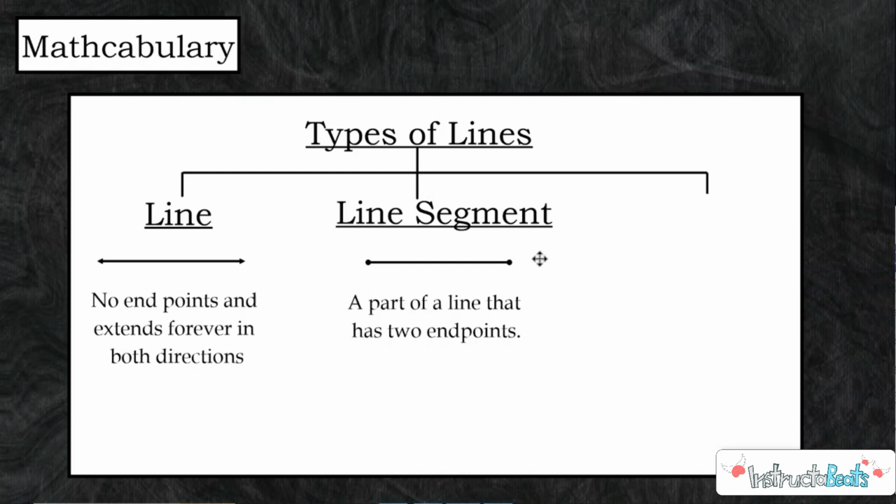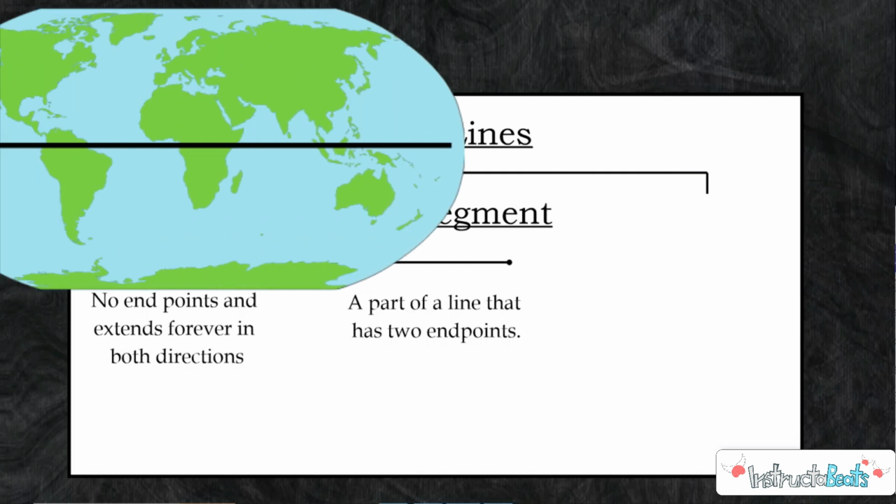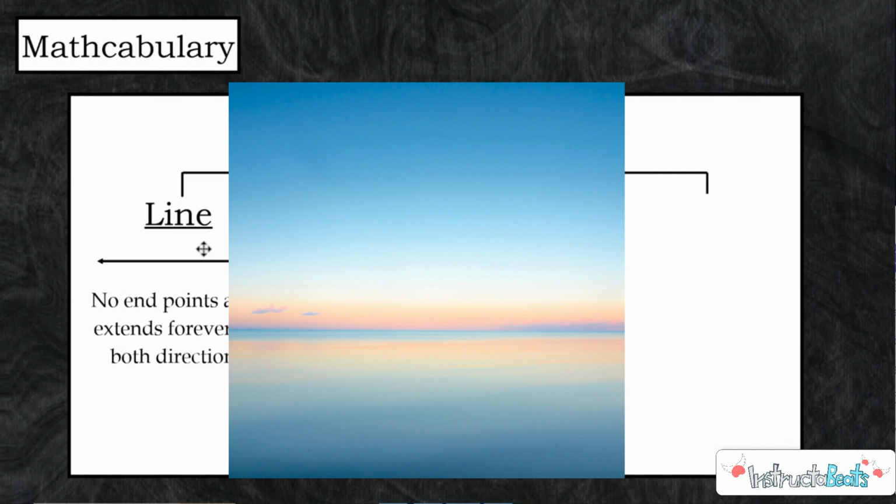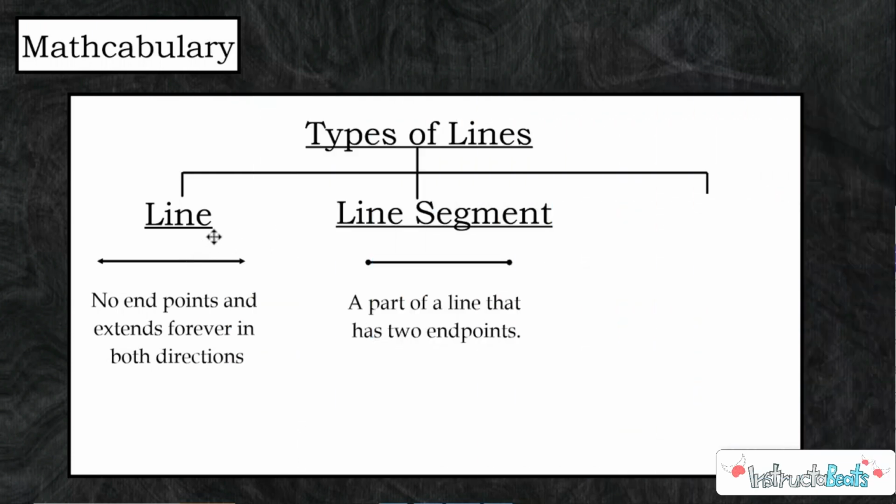We call things lines, but they're really line segments. The only true examples of an actual line that I can think of, and there might be a couple of other ones, are the equator around the Earth and the horizon, if you ever go to the beach and look out there. And that's about it. There are not very many lines that continue forever without stopping. Straight lines, at least. There could be curved lines like a circle, but straight lines.